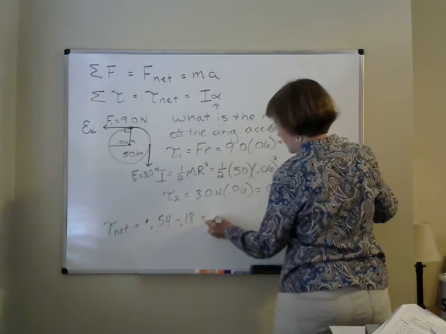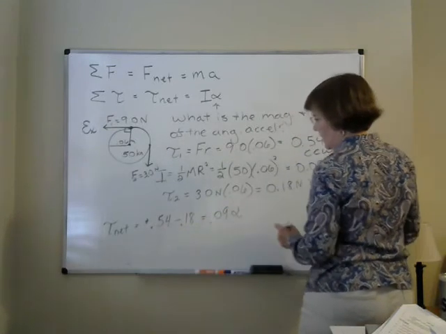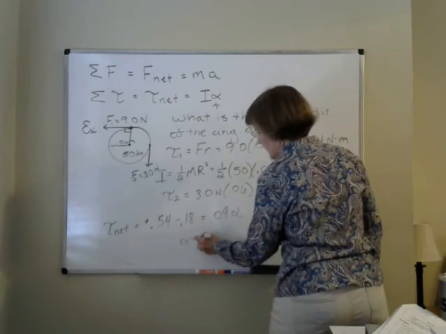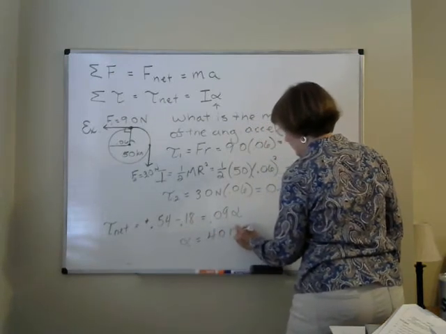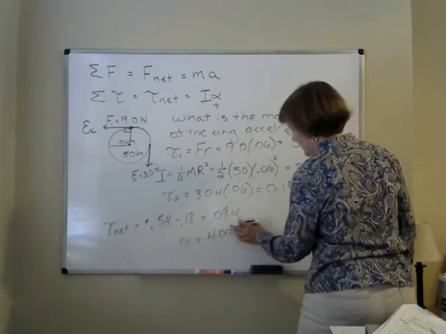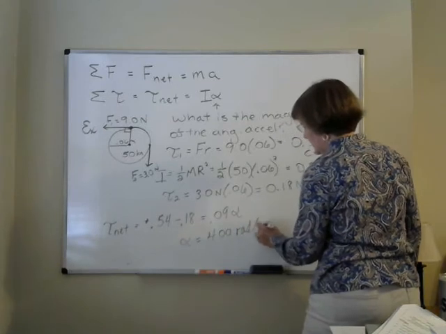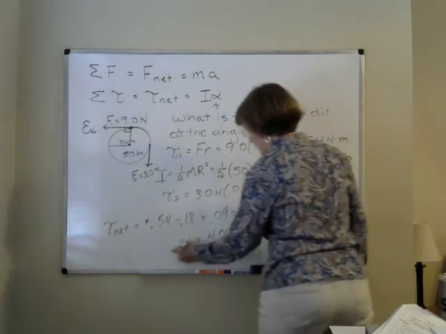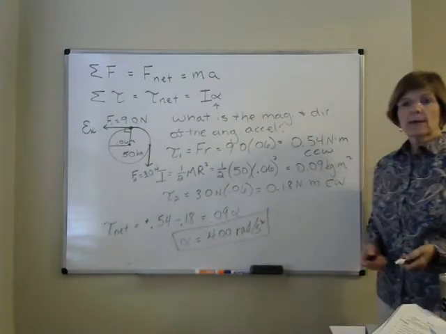I is 0.09, that's I, times alpha. This time alpha is going to come out to be 4 radians per second. I think we had 3 significant digits, so I'll put a third one. Radians per second squared. It's just like we were doing a net force.